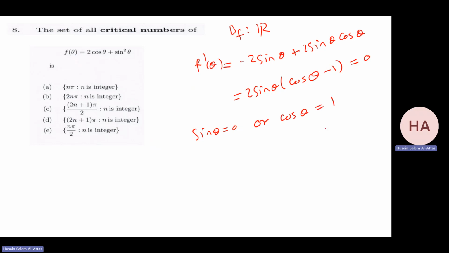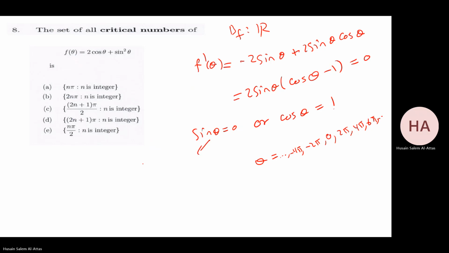When cosine theta equal 1, that means theta equal to what? Theta equal 0, 2 pi, 4 pi, 6 pi, and the same thing minus 2 pi, minus 4 pi.